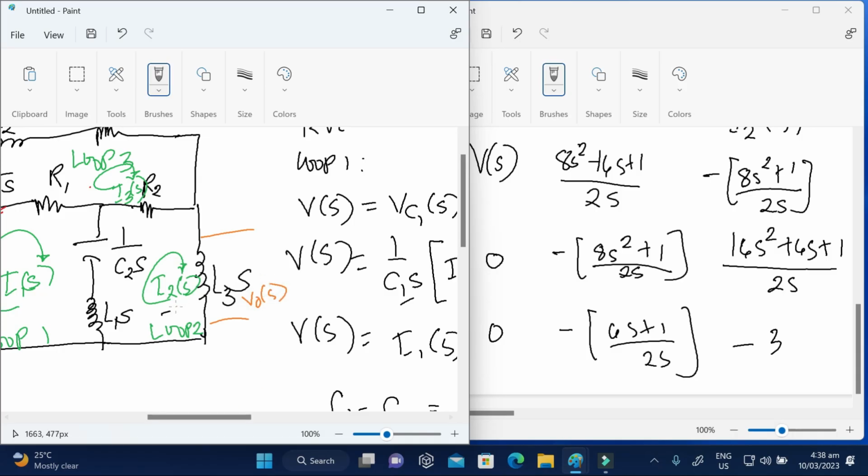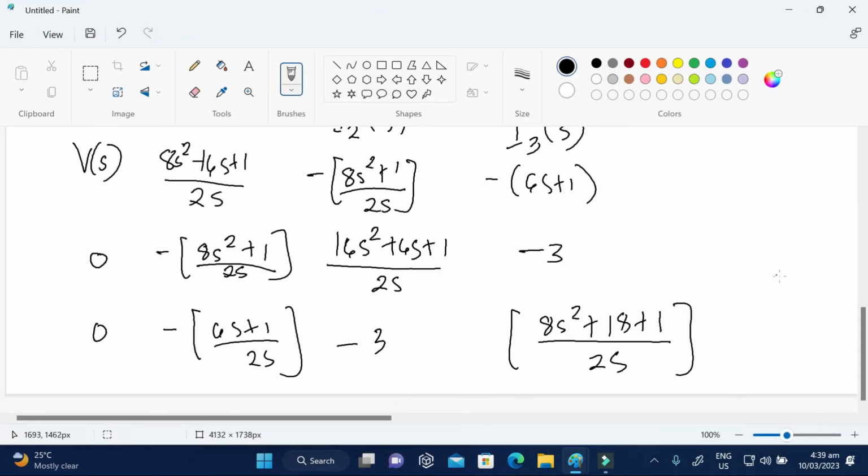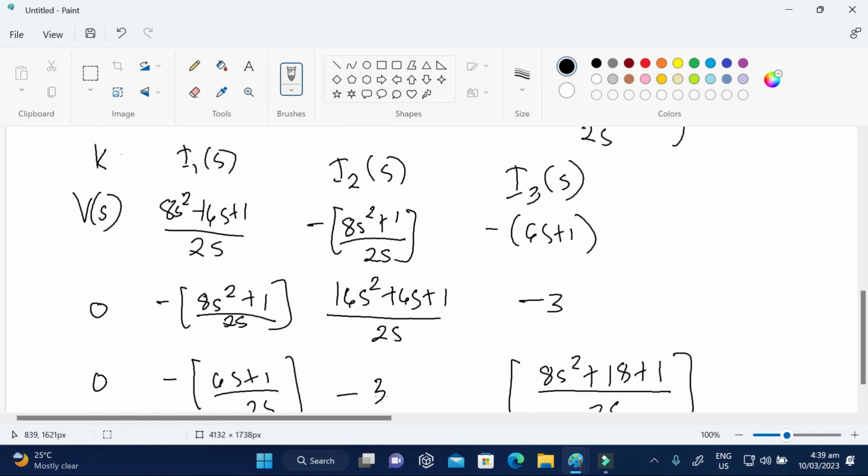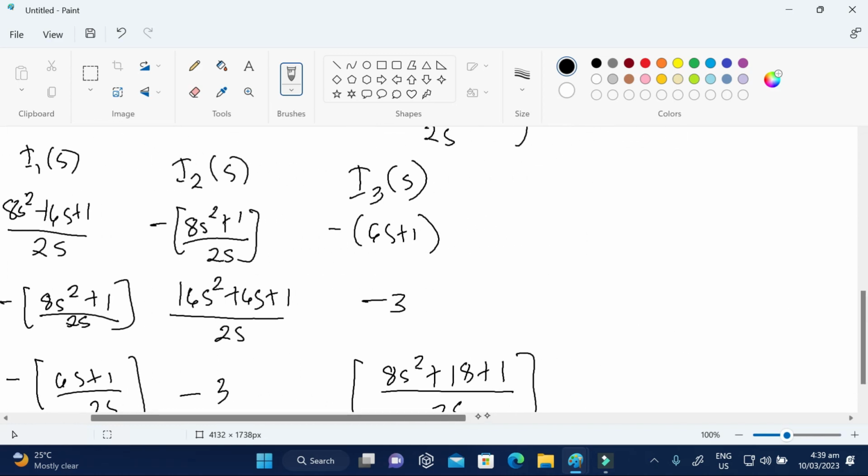So, kukunin nyo yung value ni I2 kasi kailangan natin si I2 para multiply dito para makuha nyo si V output. And ang V output equal to your VL3S. I2 pala, I2. So kukunin natin si I2. Okay?